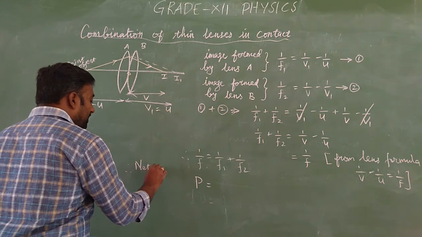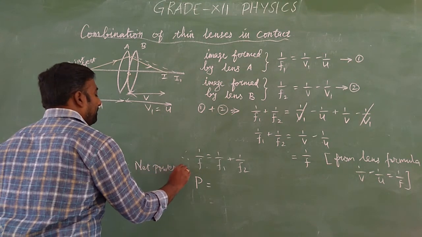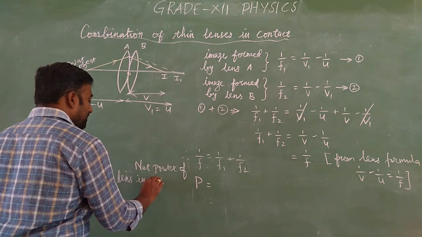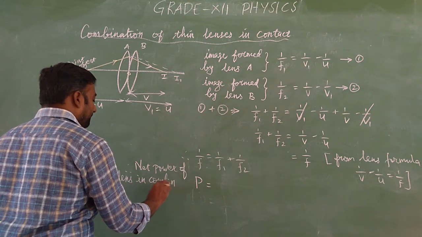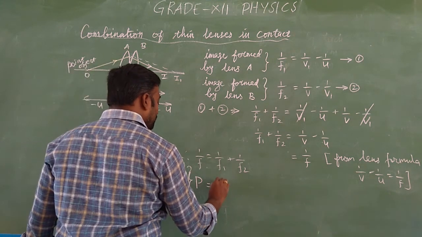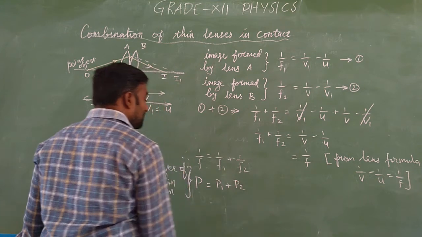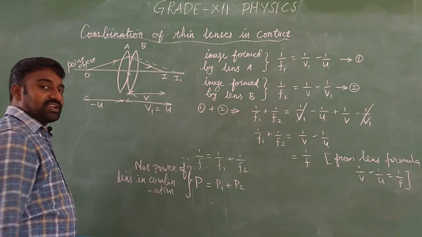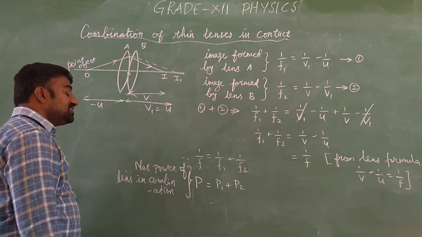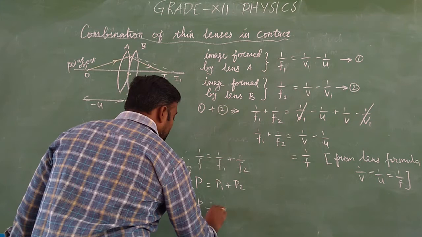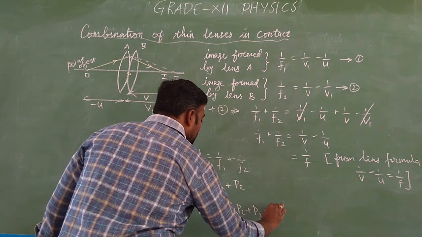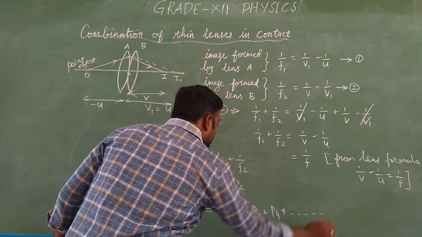Therefore the net power of the lenses in combination is equal to P1 plus P2. Similarly, if n lenses are connected, many thin lenses combined together, then the net power is equal to the sum of the powers of the individual lenses.